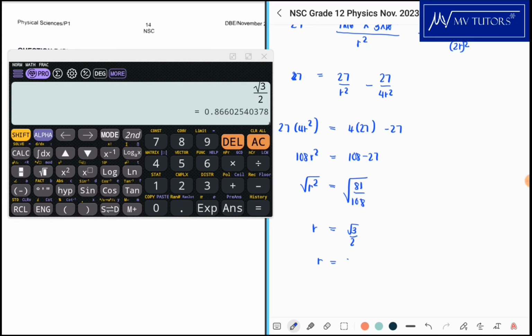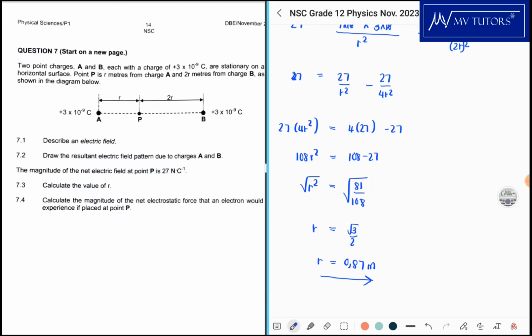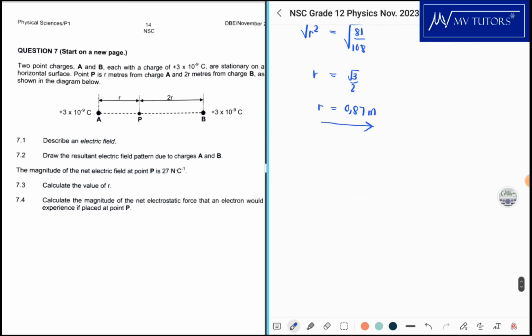R is 0.87 meters. But wait, what were we looking for? Yes, we want the value of R. So yes, R is 0.87 meters. Now 7.4.